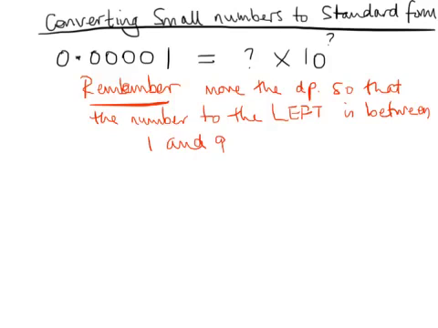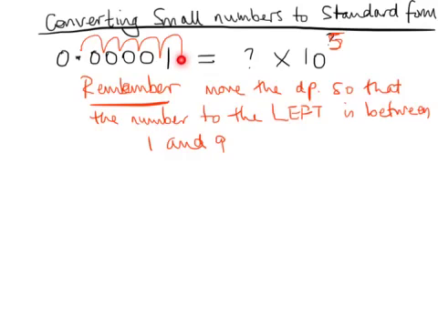That's what we need to do. But this time we need to move it to the right. And how many times do we need to move it to the right? Well, it's there at the moment. We need it to go 1, 2, 3, 4, 5. And then, once we've moved it 5 times, we see that the number to the left is between 1 and 9. So it's a 5 that goes up here, because we've moved it 5 times.